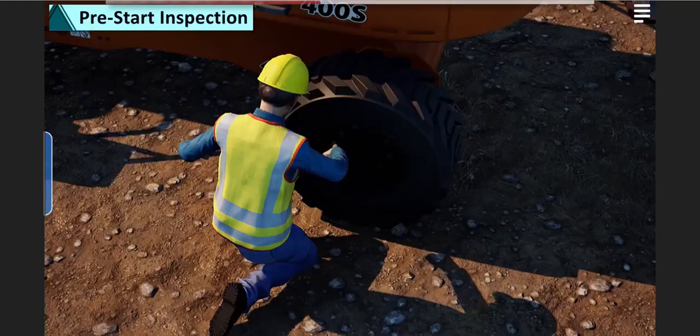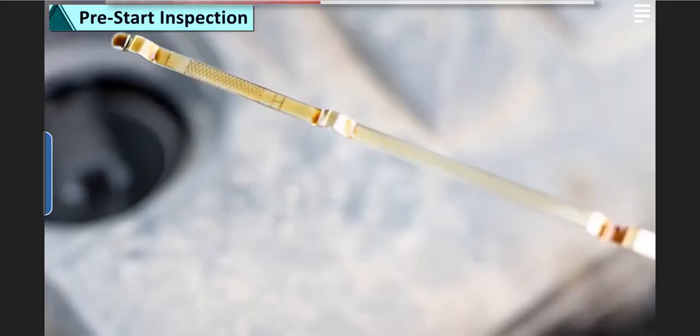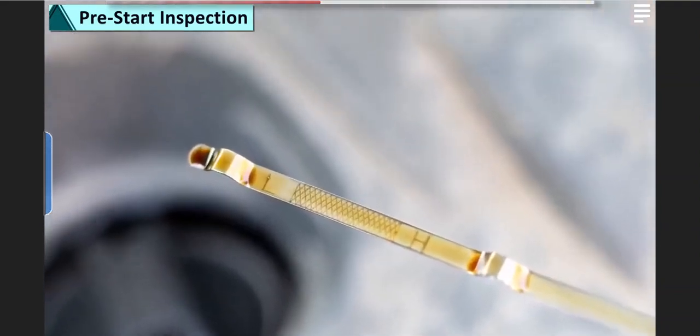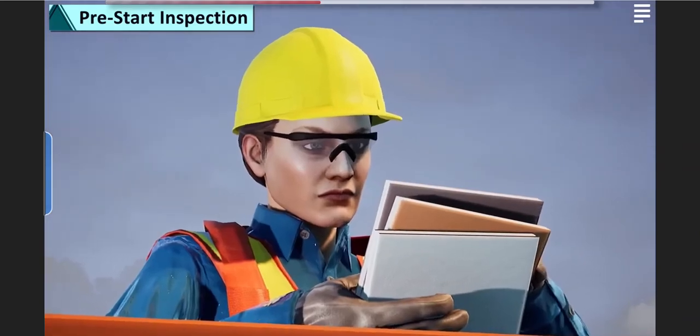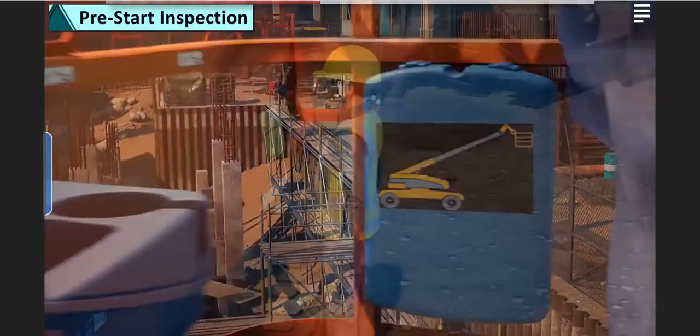The operator must check the condition of tires, wheels, and wheel fasteners, including air pressure where applicable. The operator must check all appropriate fluid levels, including engine oil and coolant, and verify the presence of all necessary instructions, warnings, control markings, and operator's manuals.